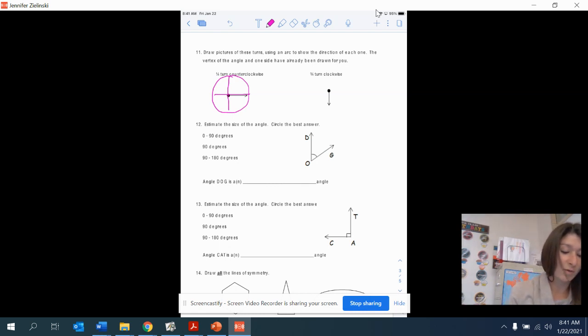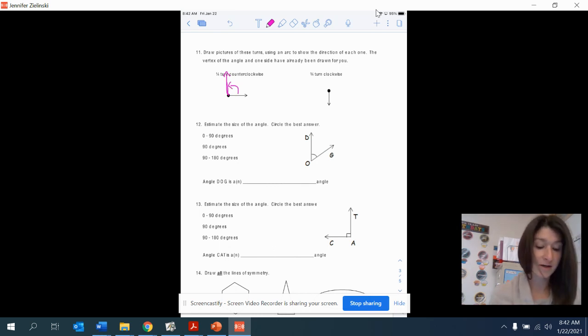So if I need to go a fourth turn counterclockwise, I would end up right here. And I would need to draw my arrow there, and I have to put my arc to show which direction we are going.